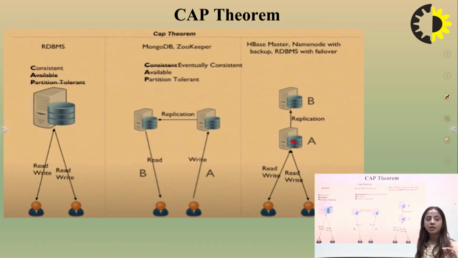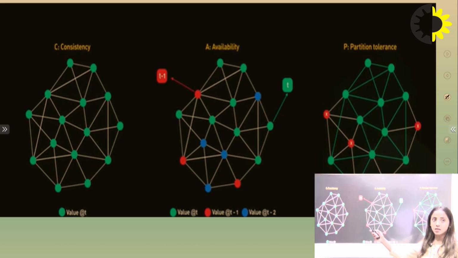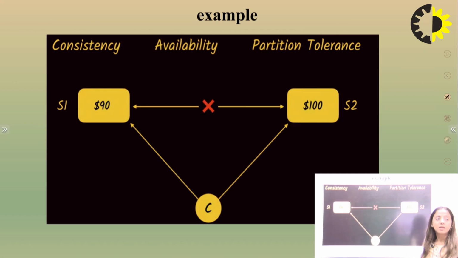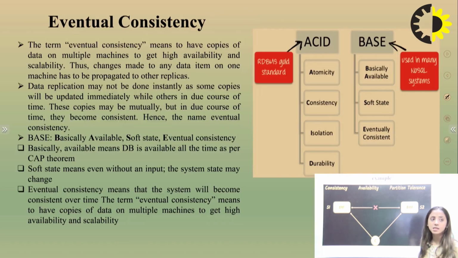Now, there is A and there is B. A is replicating B. Similarly, read and write operations are being performed in MongoDB or Zookeeper, right? Now, this is consistency, this is availability, and this is partition tolerance. For example, there are two nodes, S1 and S2. One is at $90, the other one is $100, and there is a third node C.